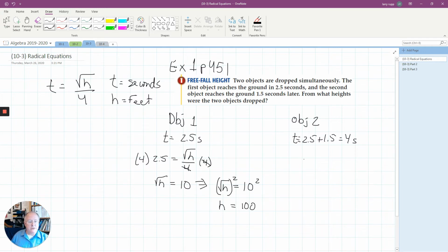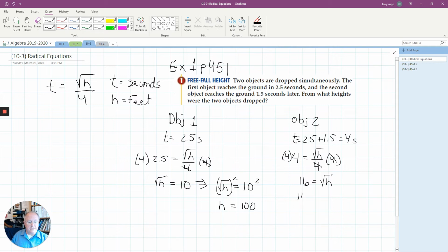Now, let's go over here and do the same thing for this one. So we end up with 4 is equal to the square root of h over 4. We do the same thing. We multiply both sides by 4. They go away. We end up with 16 is equal to the square root of h. I didn't rewrite it with the square root of h on the left side this time.